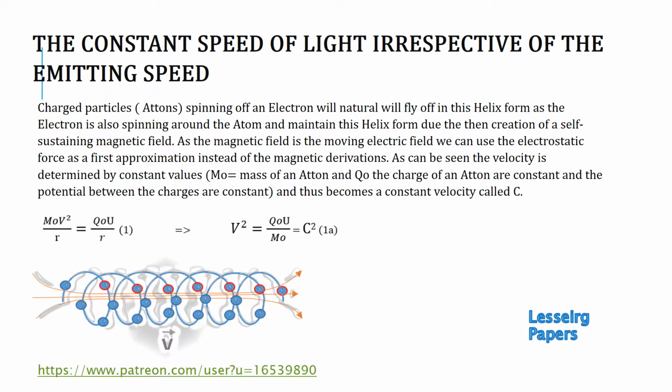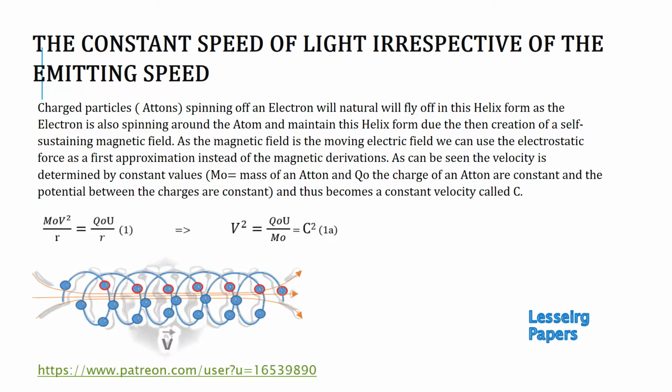So, why does this happen? The very first simple explanation is that as these charged particles, which I will call atoms, spin off the spinning electron, they will naturally take the shape of a helix. And as they are flying in this helix, they start creating their own magnetic field.